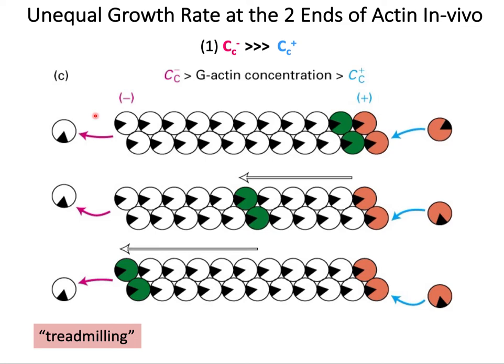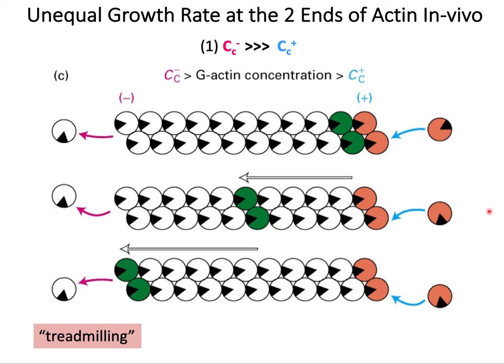This will drive the reaction towards the filament at the plus end, where the G-actin concentration is higher than the critical concentration. You are going to get formation of filaments until the critical concentration is reached. That is why in vivo, you almost always see addition of monomers at the plus end.